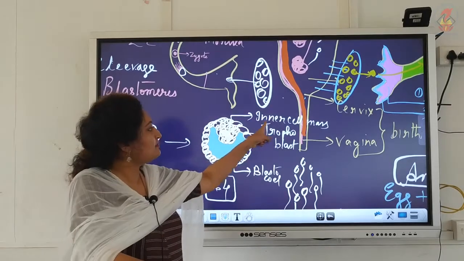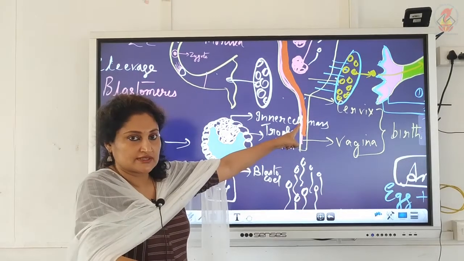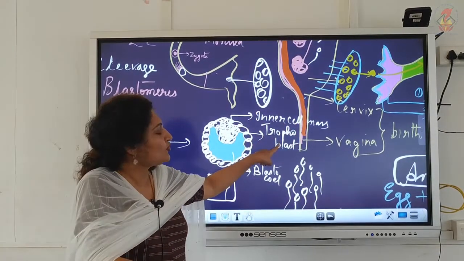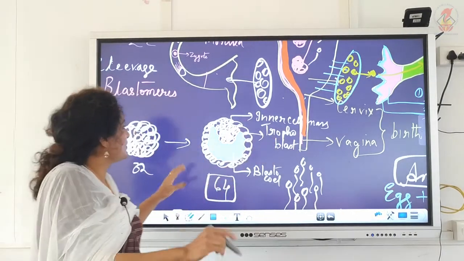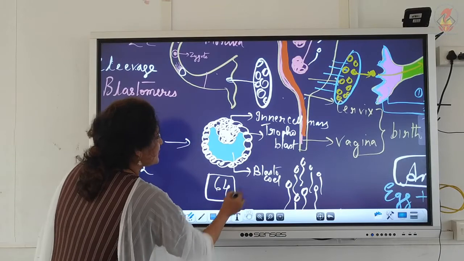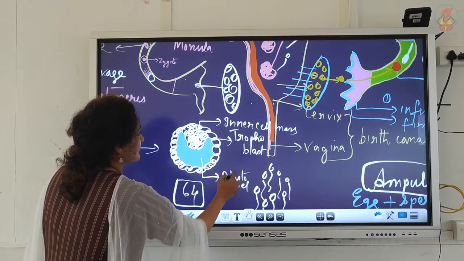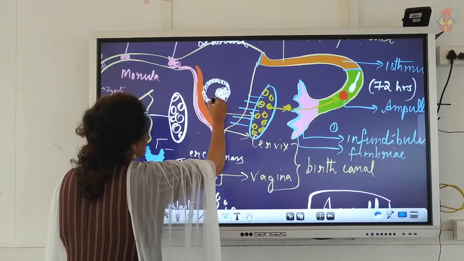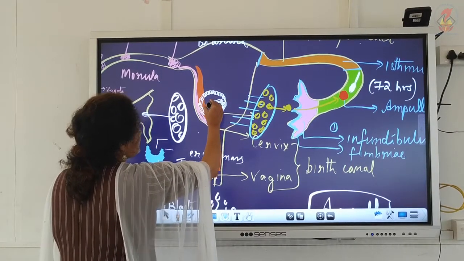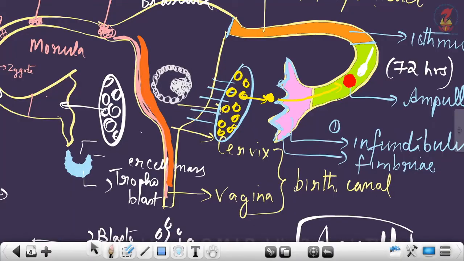Now it is the inner cell mass that becomes the fetus or the embryo, and the trophoblast is involved in nourishment, or in placenta formation. So this is the structure I am going to place here in the uterus. It is getting implanted. So the 64th cell stage gets implanted.